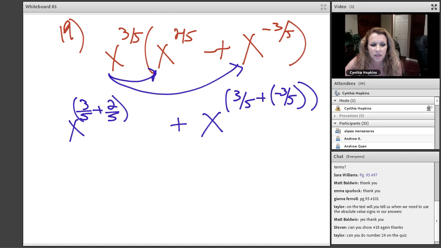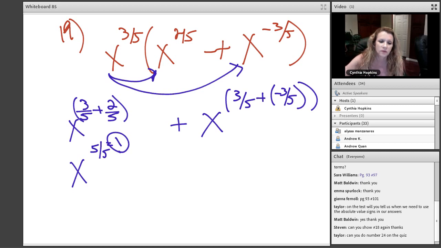I'm adding those exponents. Okay, so I know we're going a little back and forth, but back to the first term, I have x raised to the 3/5 plus 2/5. Well, those already have a common denominator, so that's equivalent to 5/5, which equals x to the first. Okay, second term, I have x raised to the 3/5 plus negative 3/5.